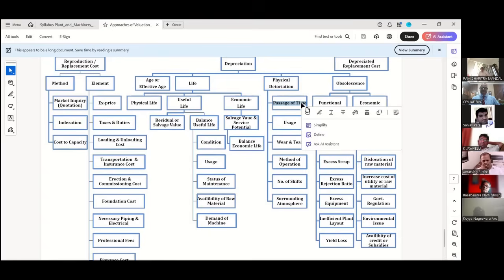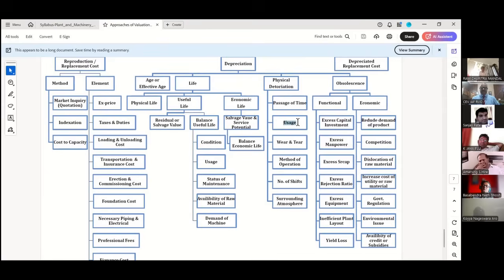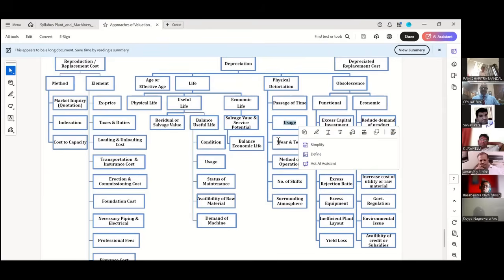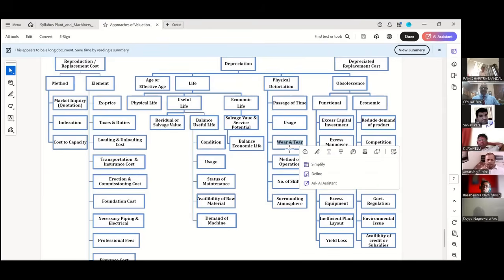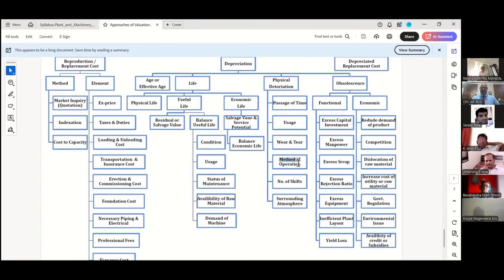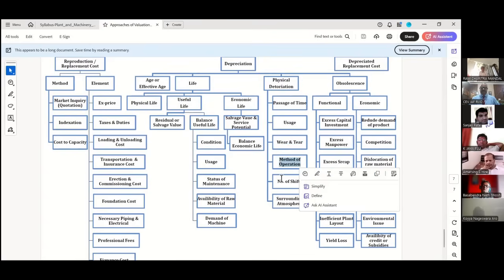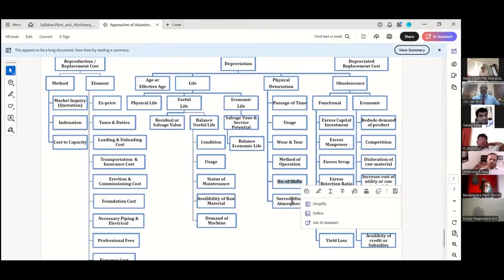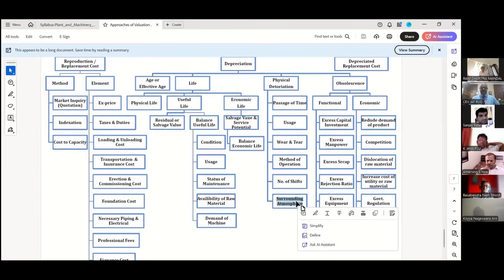If you do not use the asset and it lies idle for a year or two, then also your asset will deteriorate. Then due to use, if you use it, there will be wear and tear. That is based on the method of operation, number of shifts, and surrounding atmosphere.